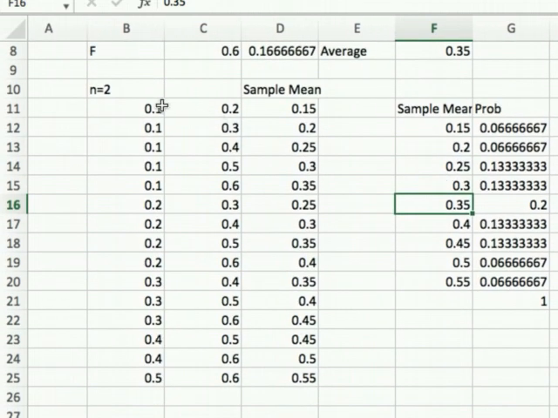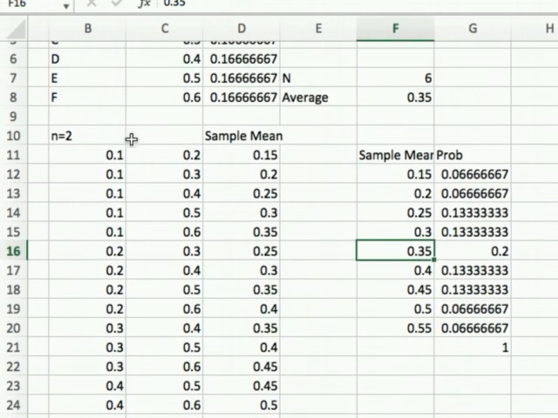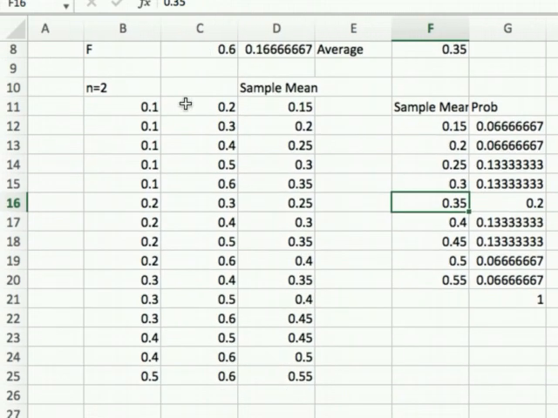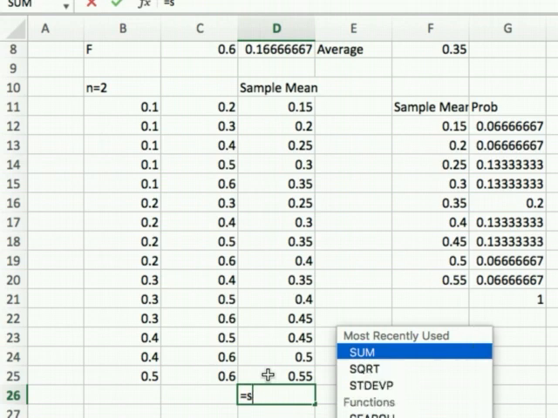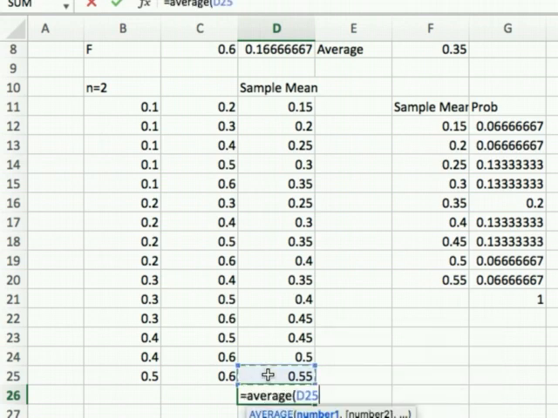So here again, we have all possible sets of 2 from 6. So we have 15 different combinations of 2 out of 6. And we computed for the sample mean of each combination, and we got the following sample means. Now, to verify, we can get the average of all these 15 sample means, and according to the property, that should also be equal to the population mean.